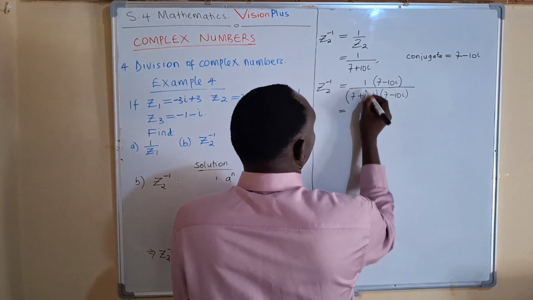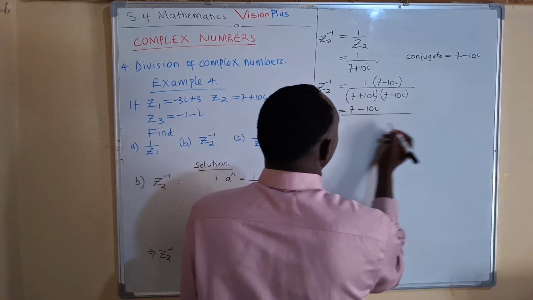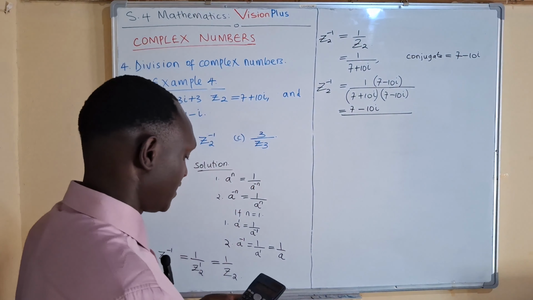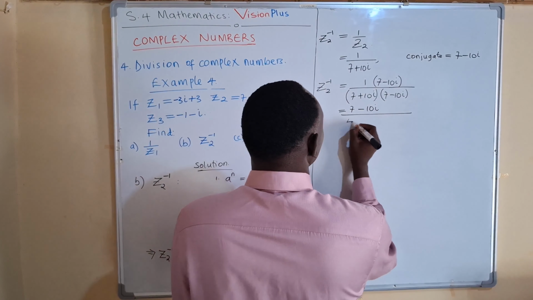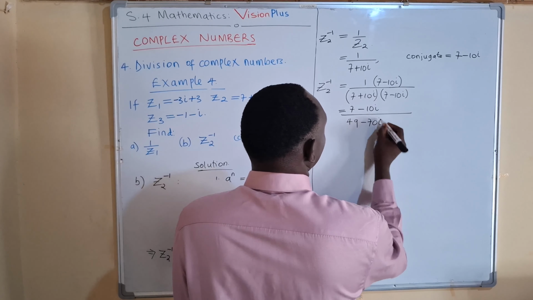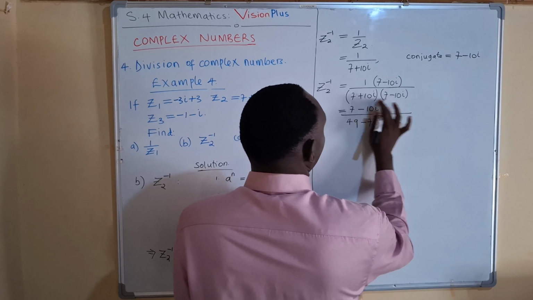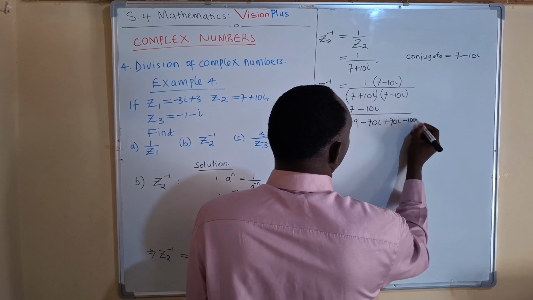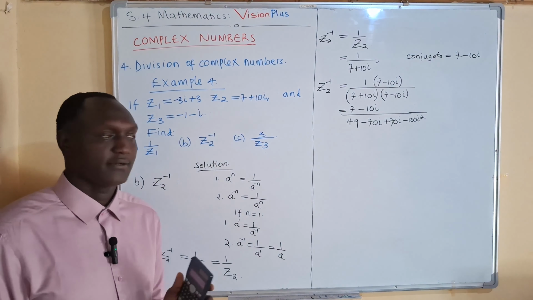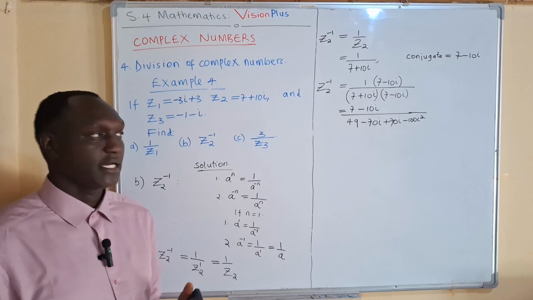So here we shall now have 1 times 7 is 7, 1 times negative 10i is negative 10i, over 7 times 7 is 49. 7 times negative 10i is negative 70i. 10i times 7 is 70i. 10i times negative 10i is negative 100i squared, because 10 times negative 10 is negative 100, and i times i is i squared.